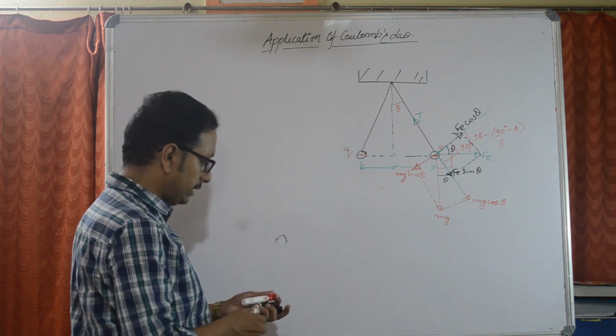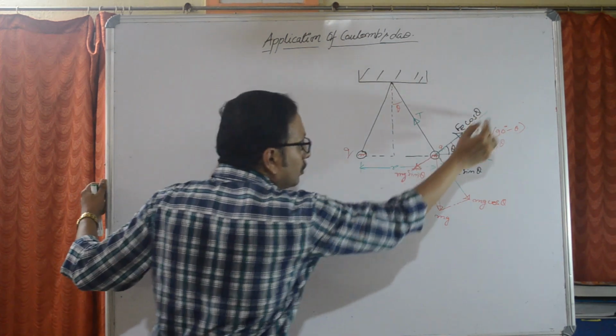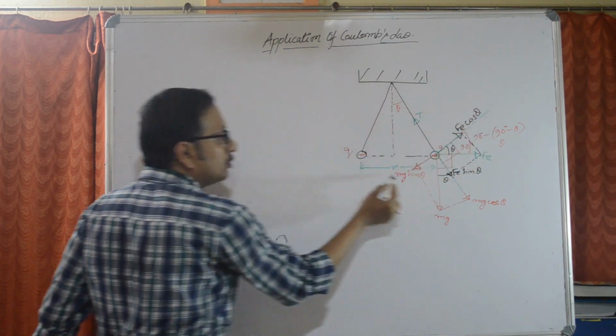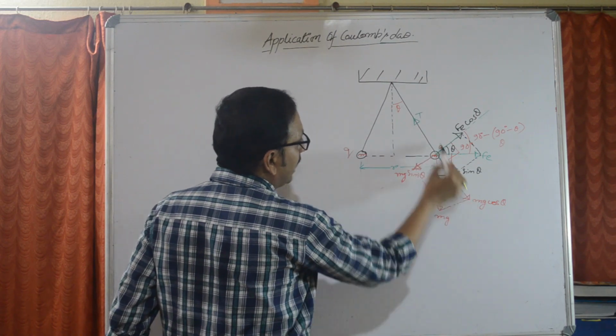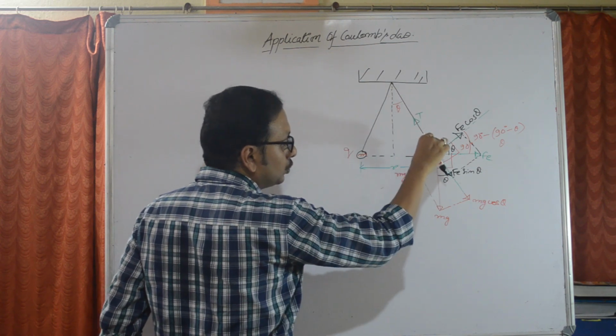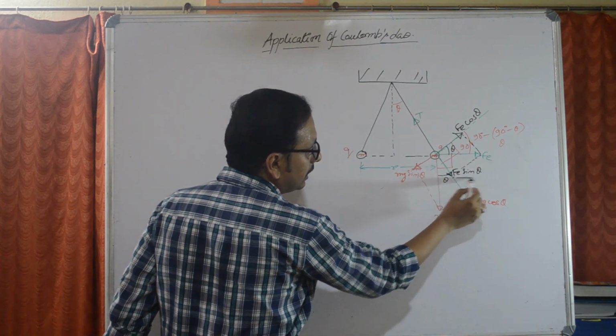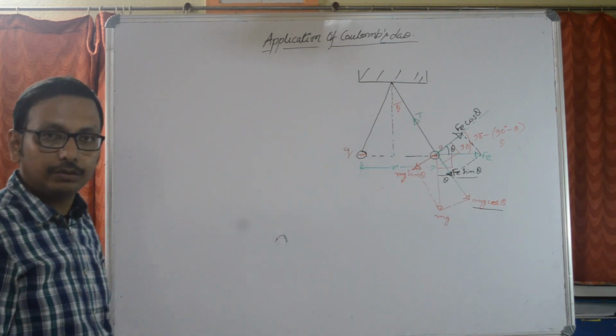Now you see here, along this point two forces are actually acting perpendicular to the string, and there are actually three forces acting along the string. One tension and two forces, that is Fe sin theta and mg cos theta, away from the direction of the tension.